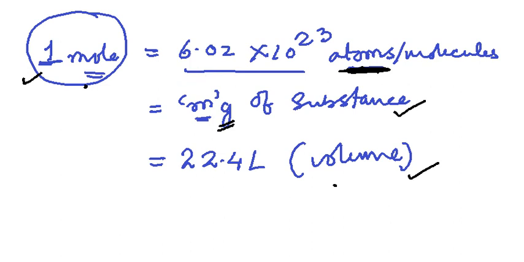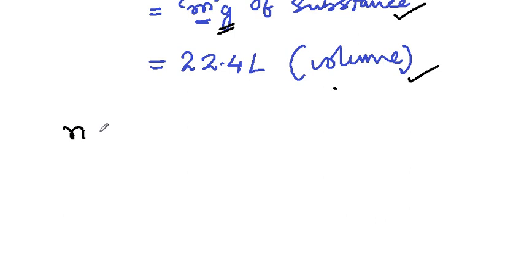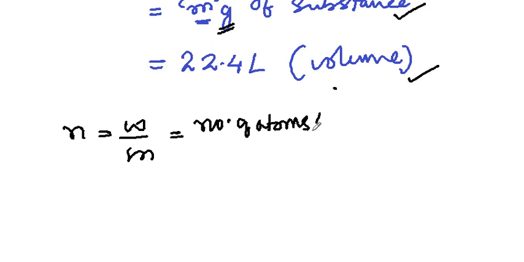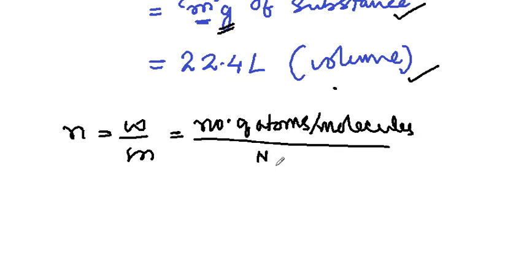So our formula was number of moles equals weight by molecular mass, that is equal to number of atoms or molecules by Avogadro's number, and that is equal to the volume in liter divided by 22.4 liter.